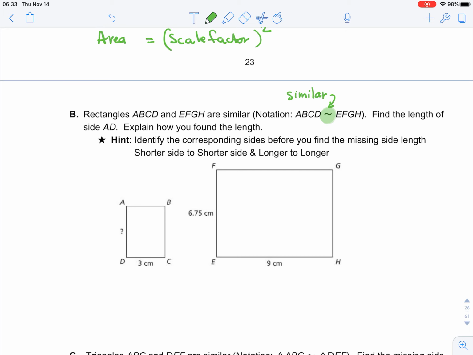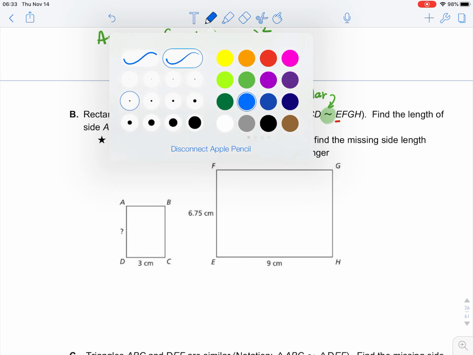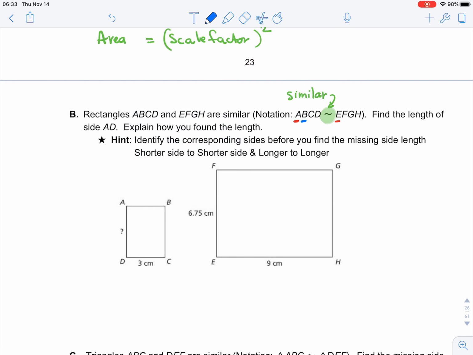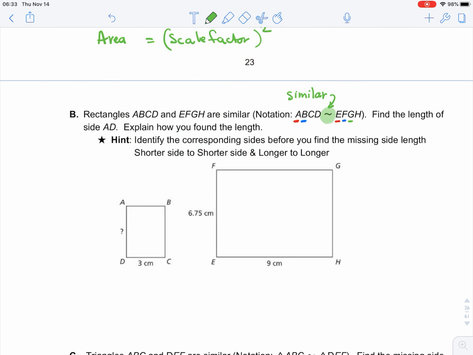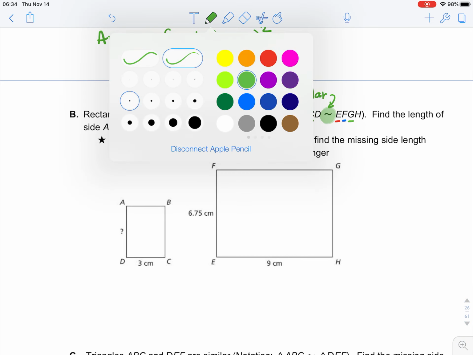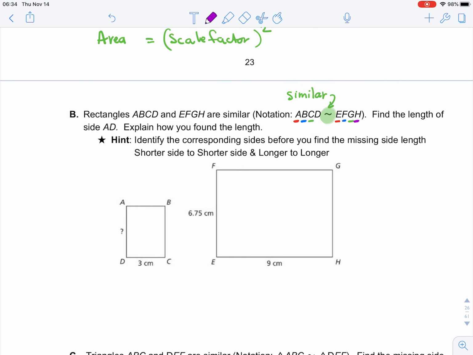Now, it's also important to know that these points should match up. A should correspond to E. B should match up to F. G and C match. And H and D match.